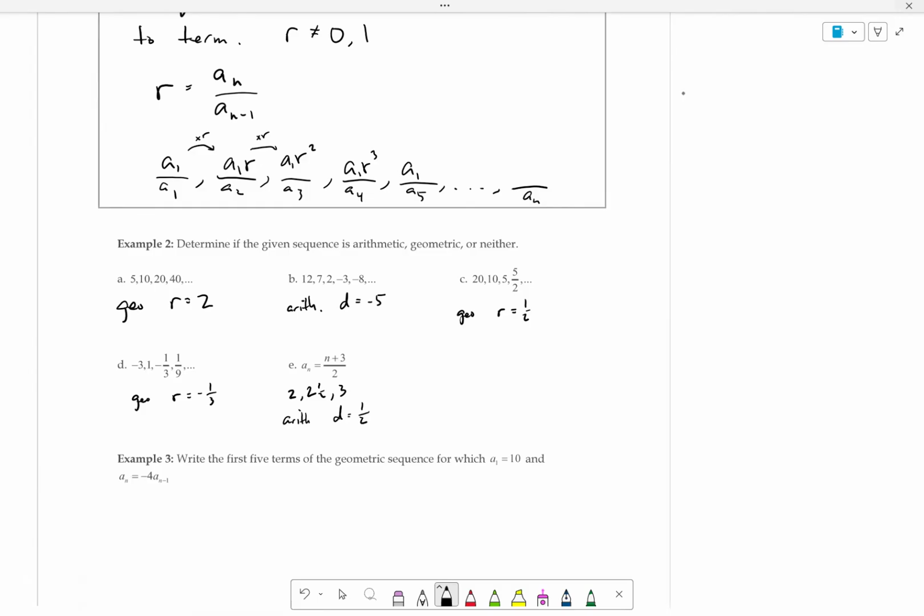So a sub 5 is a sub 1 times r to the fourth power. Could you please write an expression for a sub n? And check with your neighbor.